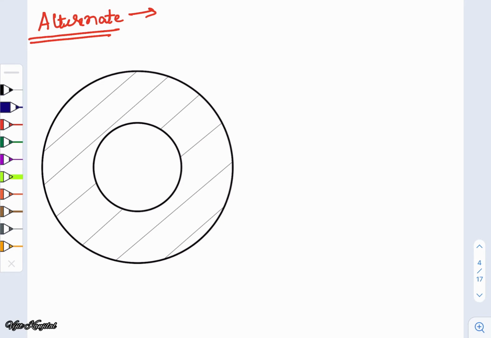So here we are given this particular lamina where the disk of radius r1 has been cut out from a larger disk of radius r2. So the mass of this particular lamina is m. Now what we try to do is consider this particular empty section which does not have any mass.